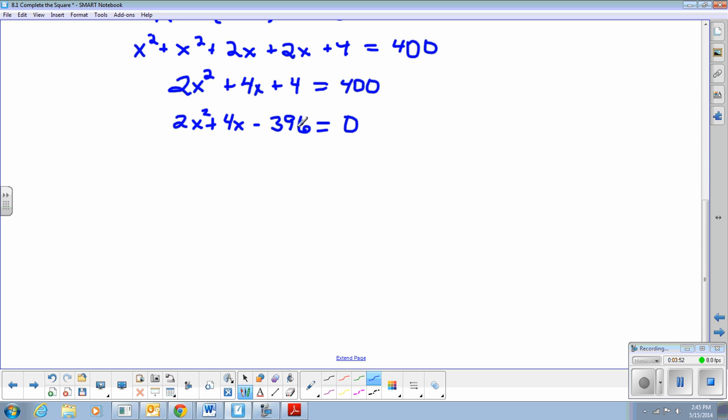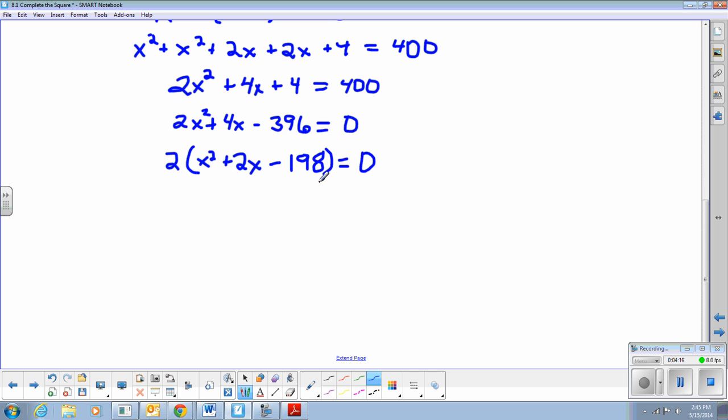All of these terms have a common factor of 2, so I'm going to take out that 2. And I'm going to write this as x squared plus 2x, and then 396 divided by 2 is going to be minus 198. I did that in my head. I'm pretty sure that's correct.